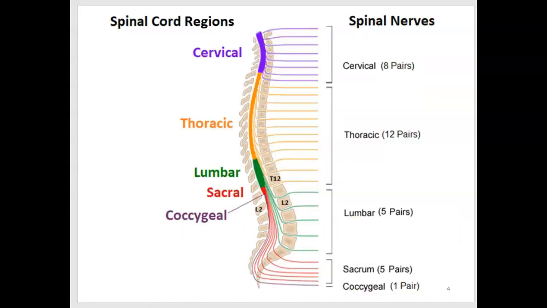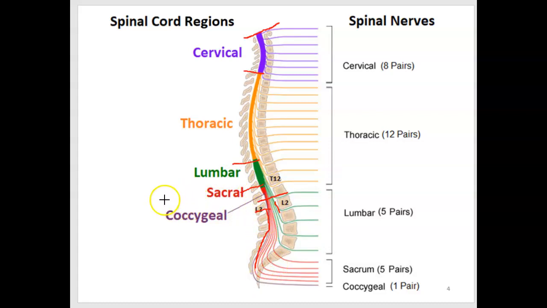This picture might be easier to talk about the length of the spinal cord on. The spinal cord begins, of course, at the foramen magnum, and as I mentioned, it ends between L1 and L2. After that, the cauda equina is contained within the vertebral canal. There are different regions of the spinal cord: cervical, thoracic, lumbar, sacral, and coccygeal.